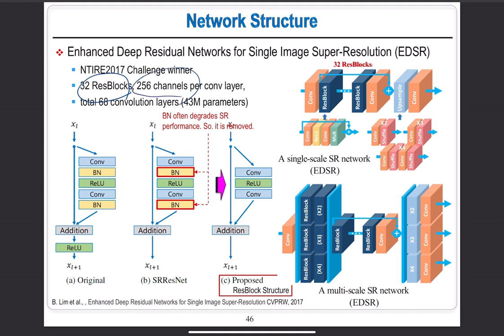There are 67 convolutional layers and 43 million parameters, such a lot of parameters. Batch normalization is removed from the residual blocks to improve SR performance, and residual scaling is used to stabilize training when the model size becomes larger than before.